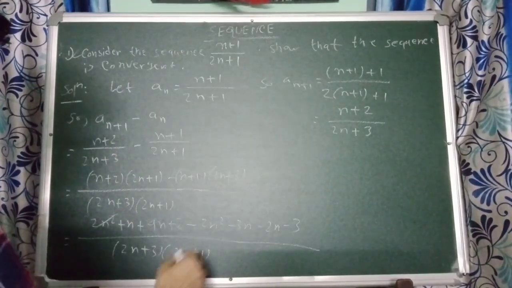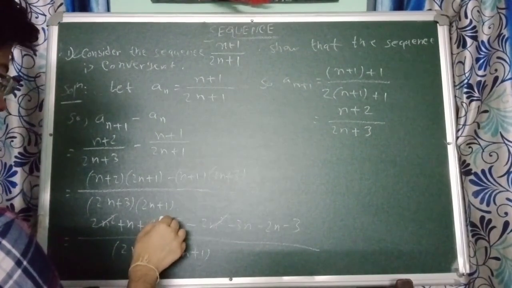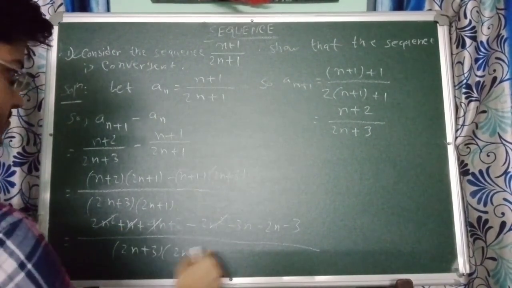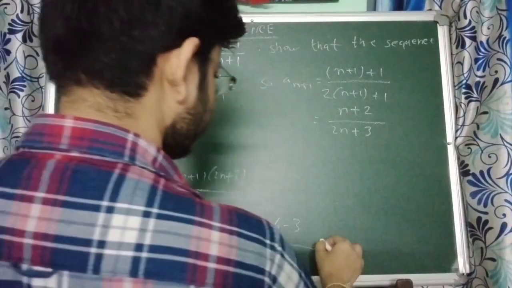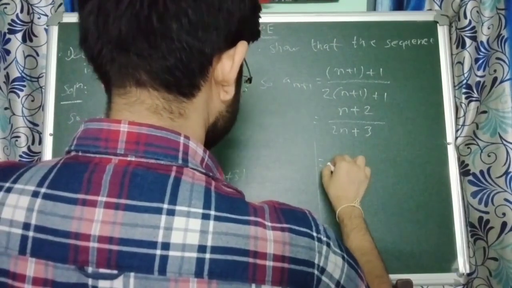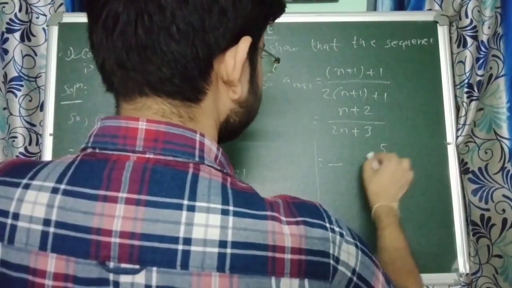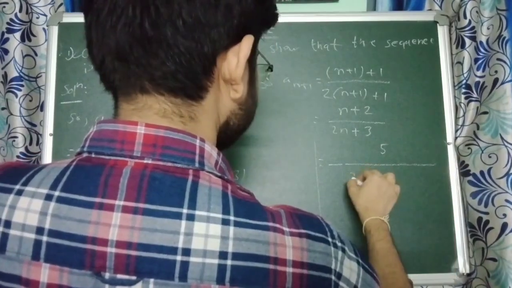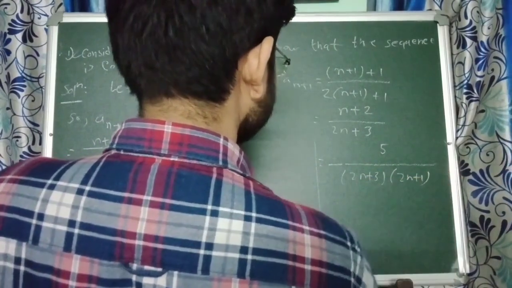Cancelling plus 2n² minus 2n² plus 5n minus 5n, we get the expression minus 2 minus 3, that is minus 5, divided by (2n+3) into (2n+1).